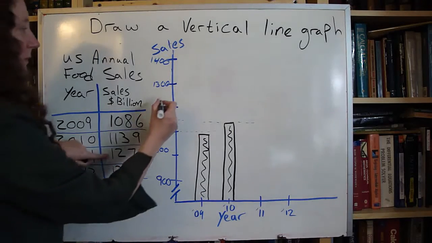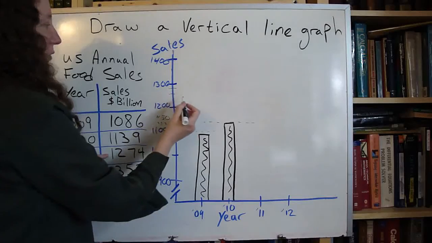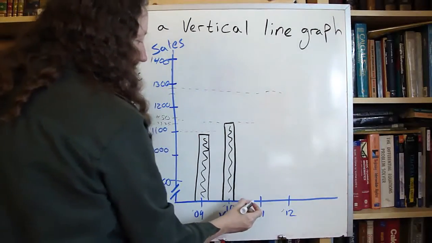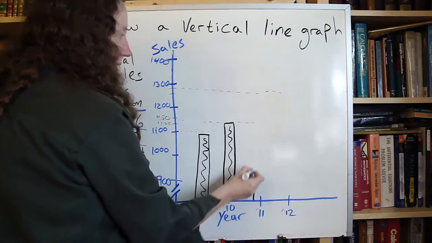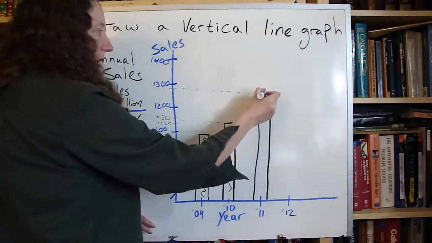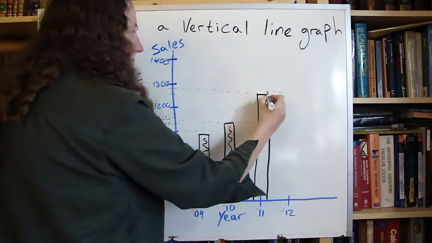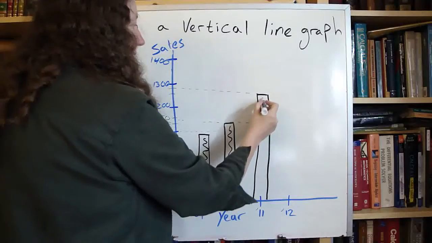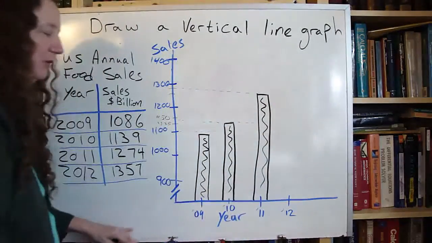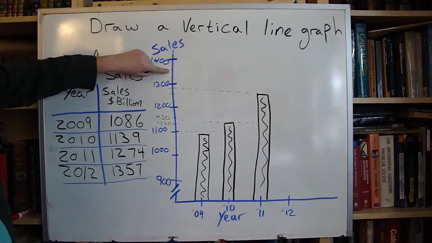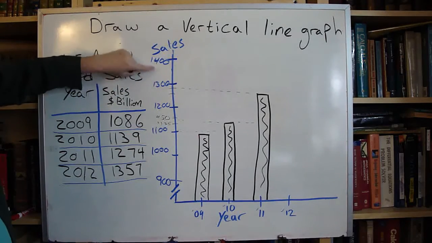1274, there's 1250, there's 1275. Take that dotted line over. Take my 2 solid lines up, connect them, and there's my next part of it. 1357, that's almost halfway between 1300 and 1400.